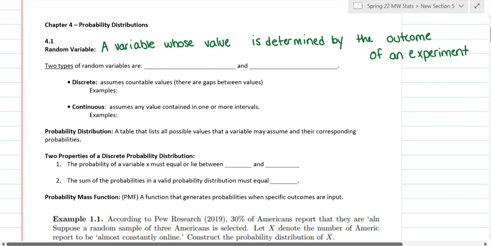Okay, just another vocab word for you guys. Random variable x, just a certain outcome that we're looking at.